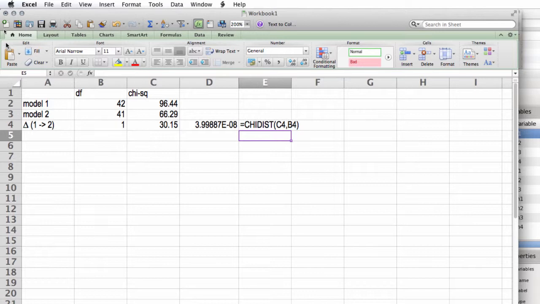In other words, it doesn't really matter which of these models I use because they're the same. The alternative is that they're not the same. So if they're not the same, then one of them is better. And it's always going to be the one where you've estimated more information.